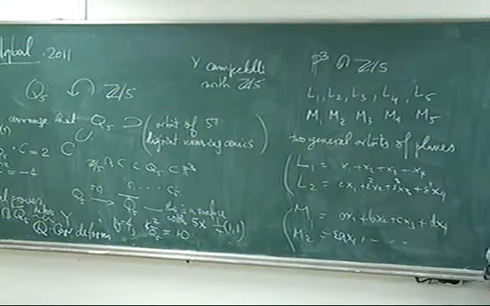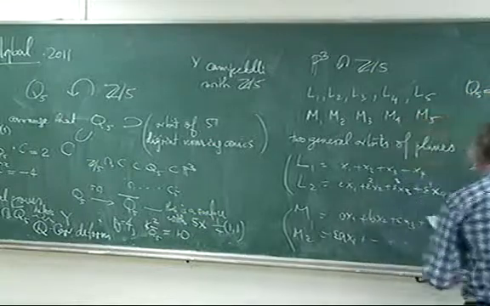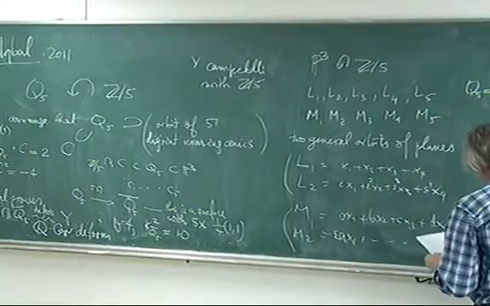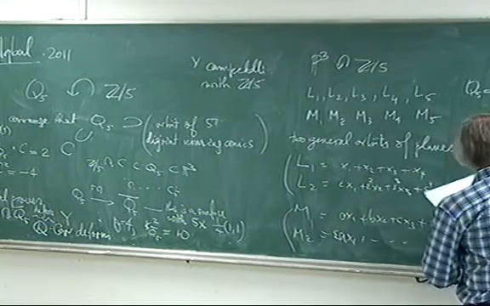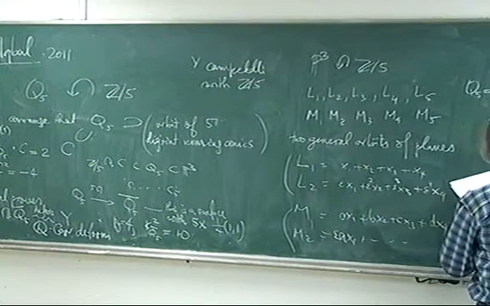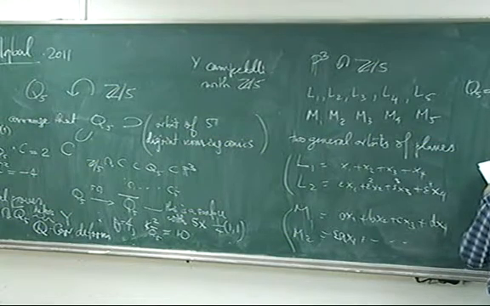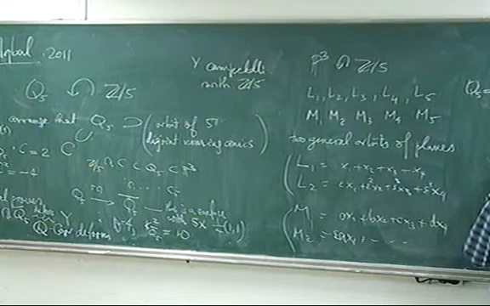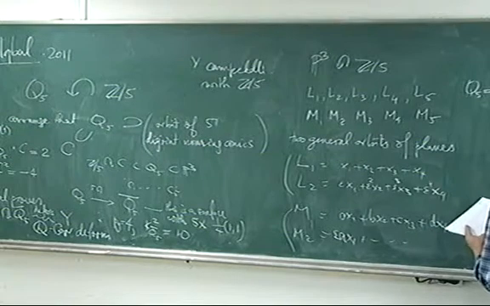So then the clever thing he does is this. He says Q5 is equal to L2, L3, L5 times (L1, L4 plus L1, M4 plus M1, M4), plus cyclic permutations.